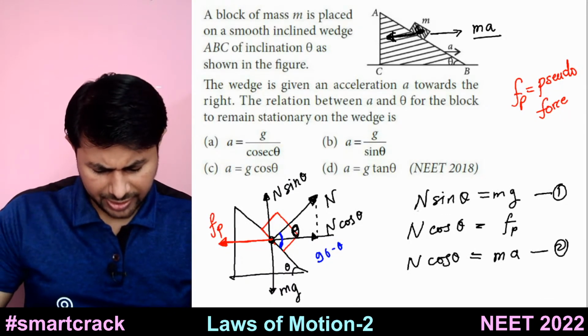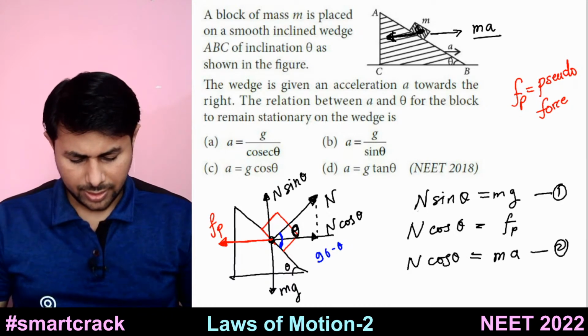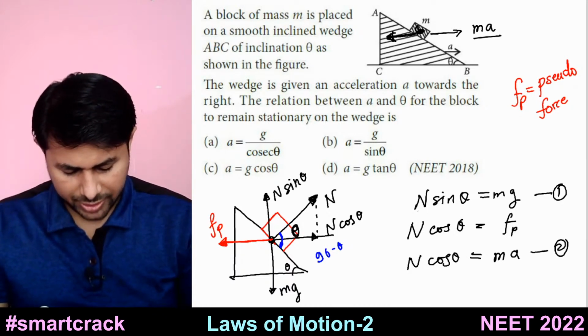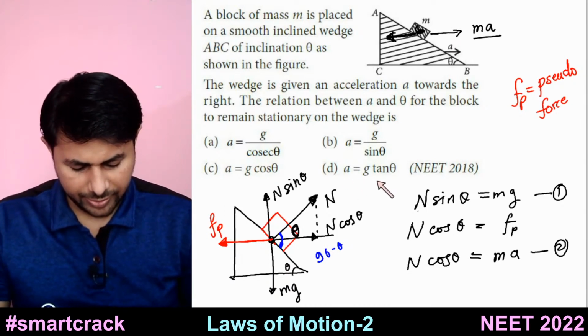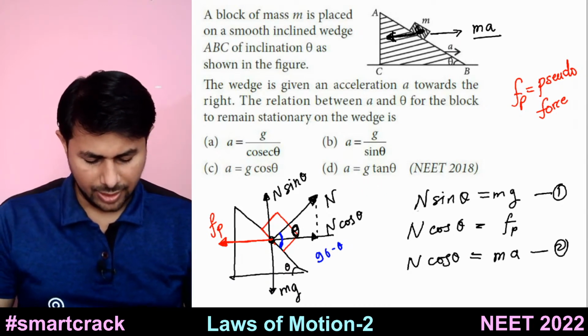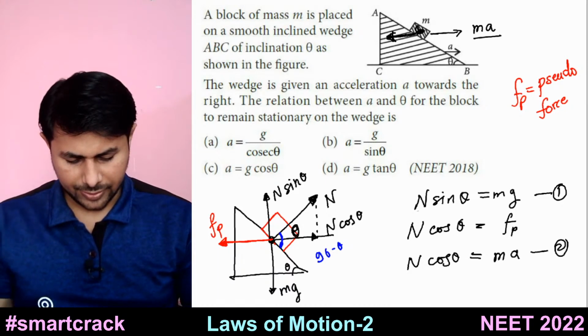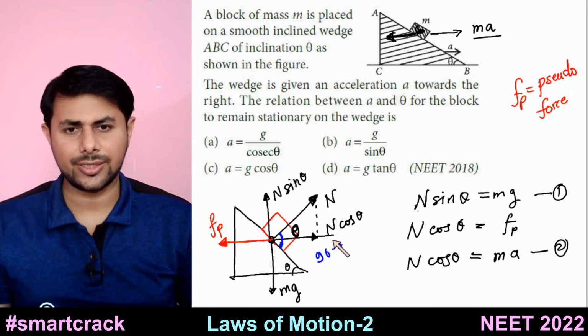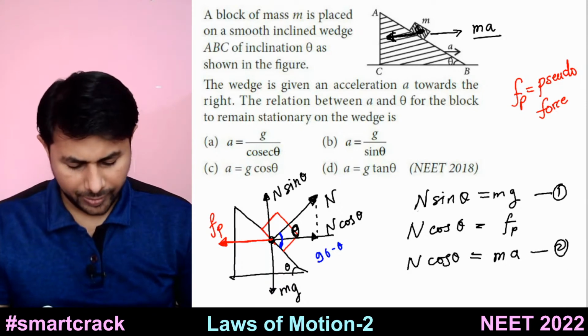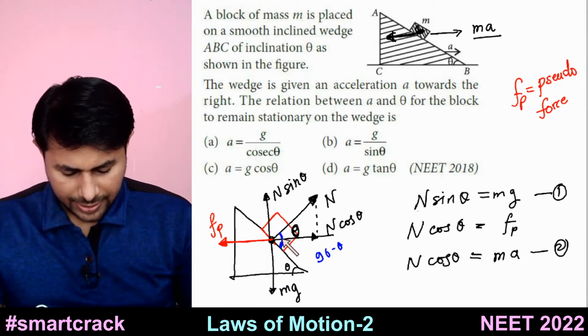Did I miss something? Let's check it, because there is an option where we have a equals g tan theta. So let's check. You have this normal reaction and you resolve it along two components. One component is N cos theta. I'm checking. This angle should be theta.